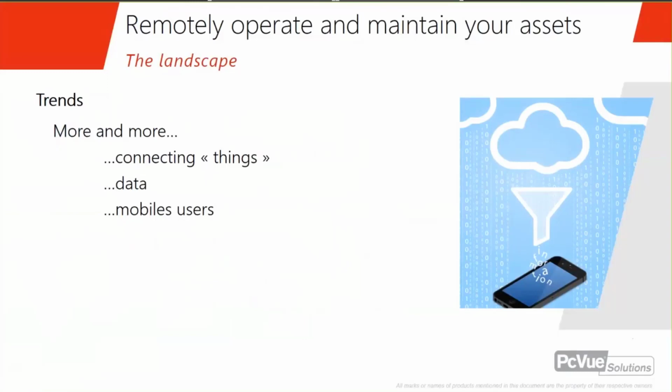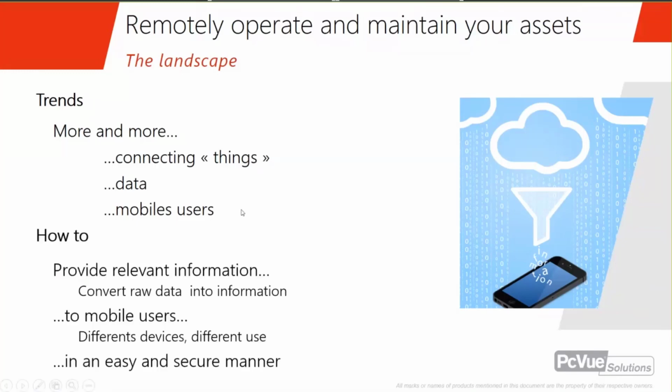So this brings more and more raw data. At the same time, we have more and more mobile users. And the recent worldwide events showed that it's not ready to stop. So we're going to have more and more mobile and remote users.